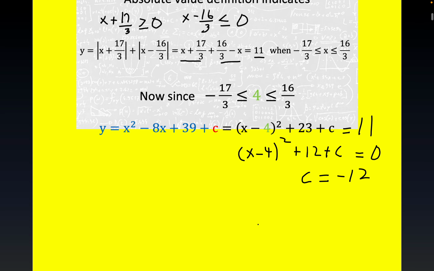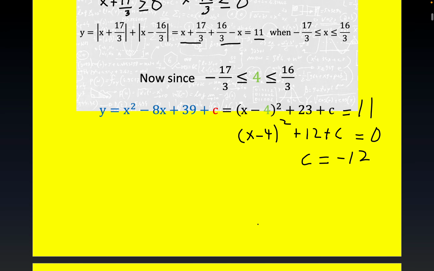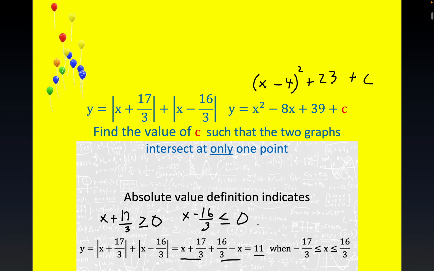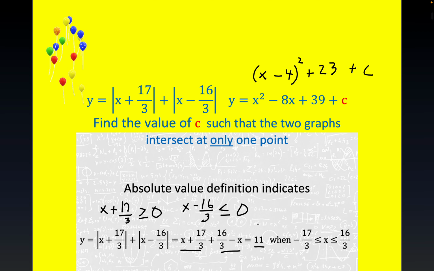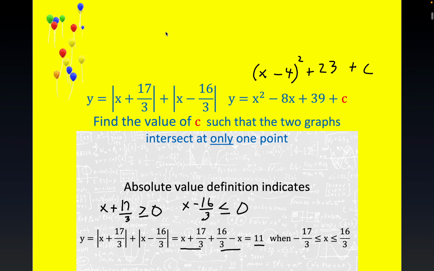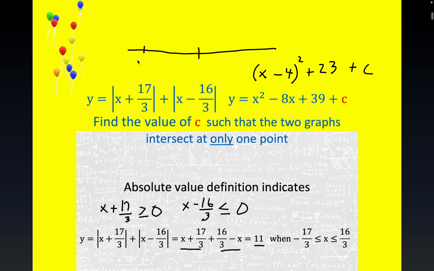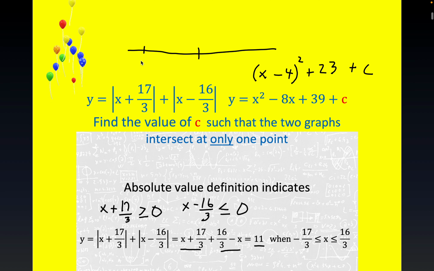Now, if you want to know why this only touches it, come back up and look at the picture. It's going to look something like this, let me just draw a picture here. Here's 0 right here in the middle. And then we'll call this minus 17 over 3 right here.